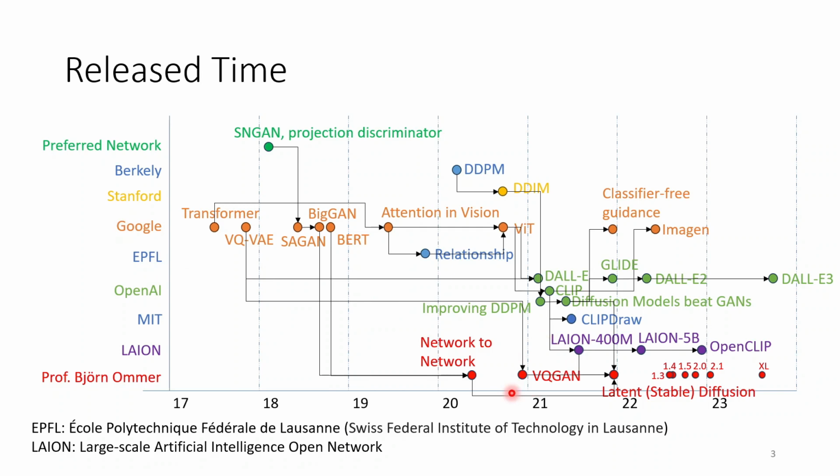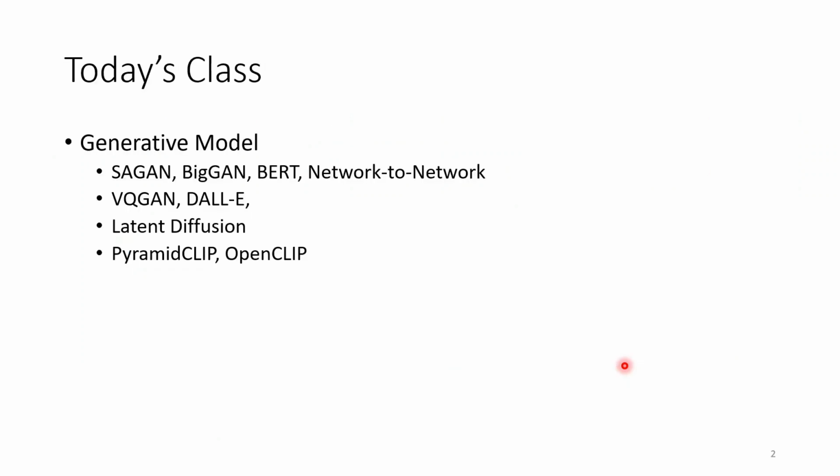I talk about so many related papers because I want to converge to latent diffusion, so that you can understand what latent diffusion does and what you have experienced using stable diffusion. It is based on latent diffusion.